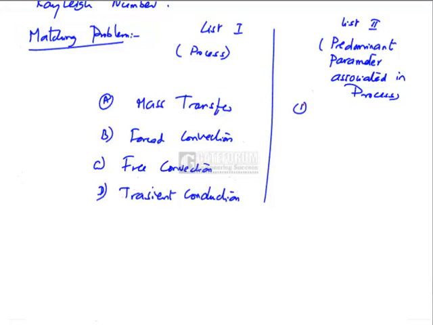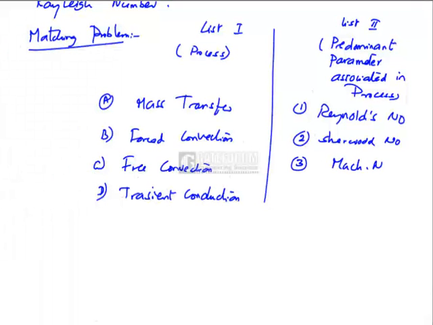Right side: number 1 Reynolds number, number 2 Sherwood number, number 3 Mach number, number 4 Biot number, number 5 Grashof number.